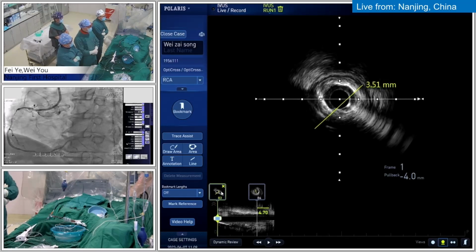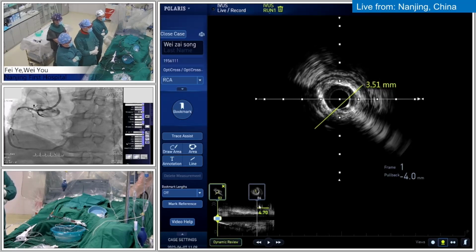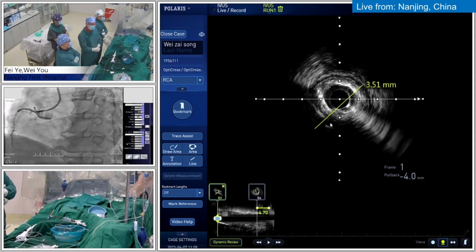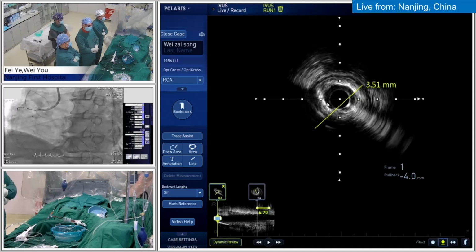So we check IVUS from the proximal. Here we can see the proximal vessel diameter is about 3.5 millimeters, and the calcification angle is more than 300 degrees.